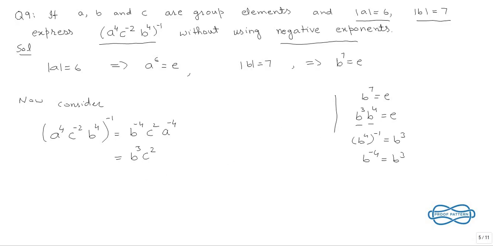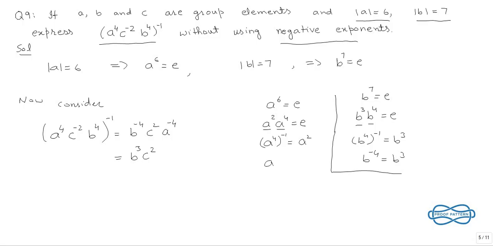And now for a raised power minus 4, we know that a^6 is equal to e, and we can write it as a^2 into a^4 is equal to e. And this means a^4 inverse is equal to a^2, because the product of these two elements is identity, so they are inverse of each other.